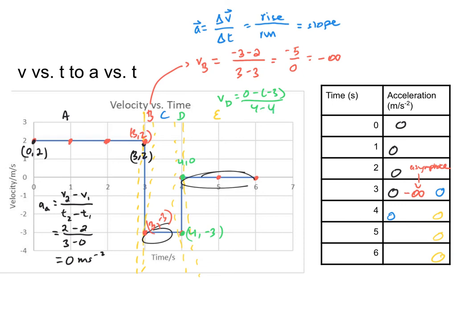My final velocity minus my initial velocity over my final time minus my initial time. That gives me 3 over 0, or positive infinity. So at 4, I have an asymptote that is going to approach positive infinity.